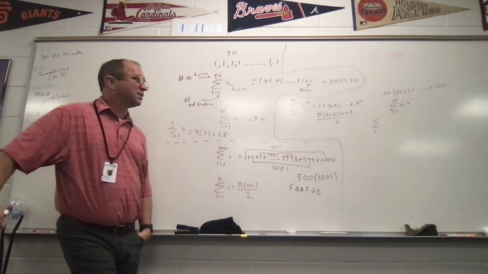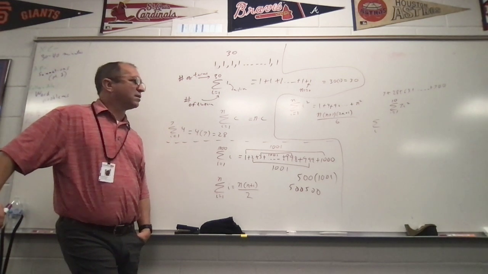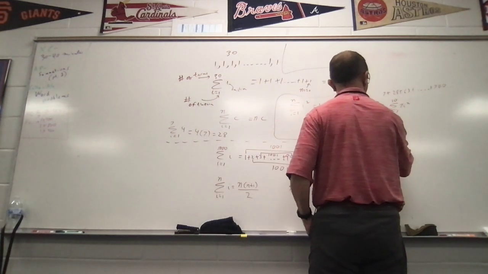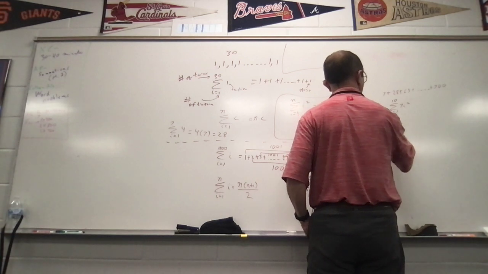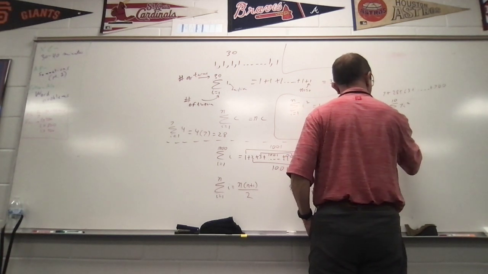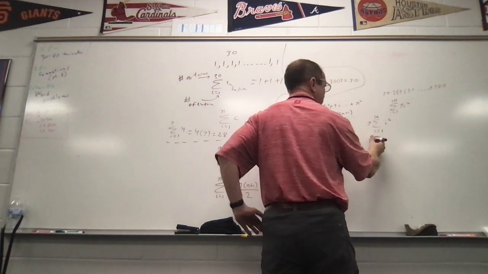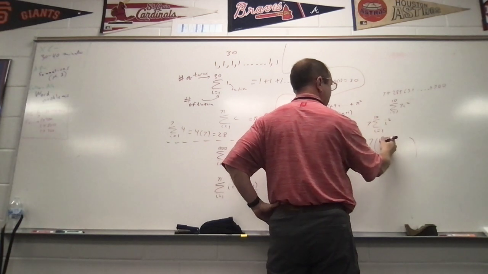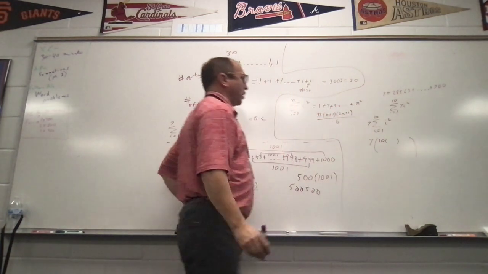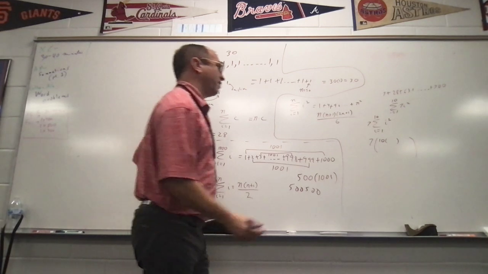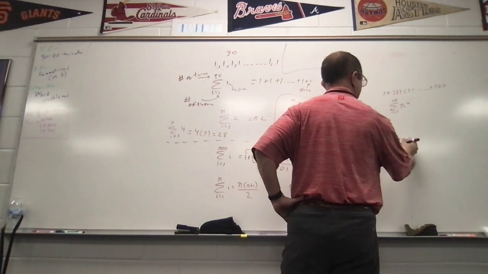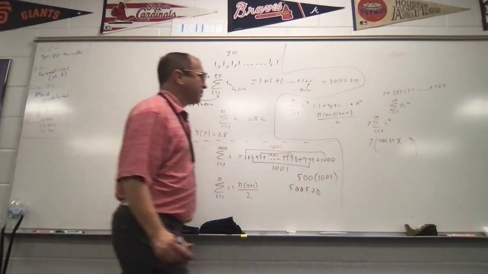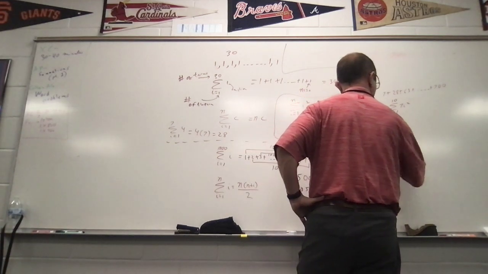Now, with summations, an easy thing you can do is take this constant out front. It makes it easier. So it's 7 times i equals 1 to 10 of just i squared. So at that point, it's going to be 7 times, all right? So n is 10. What is n plus 1? 11. And what is 2n plus 1? 21. All over 6, right?